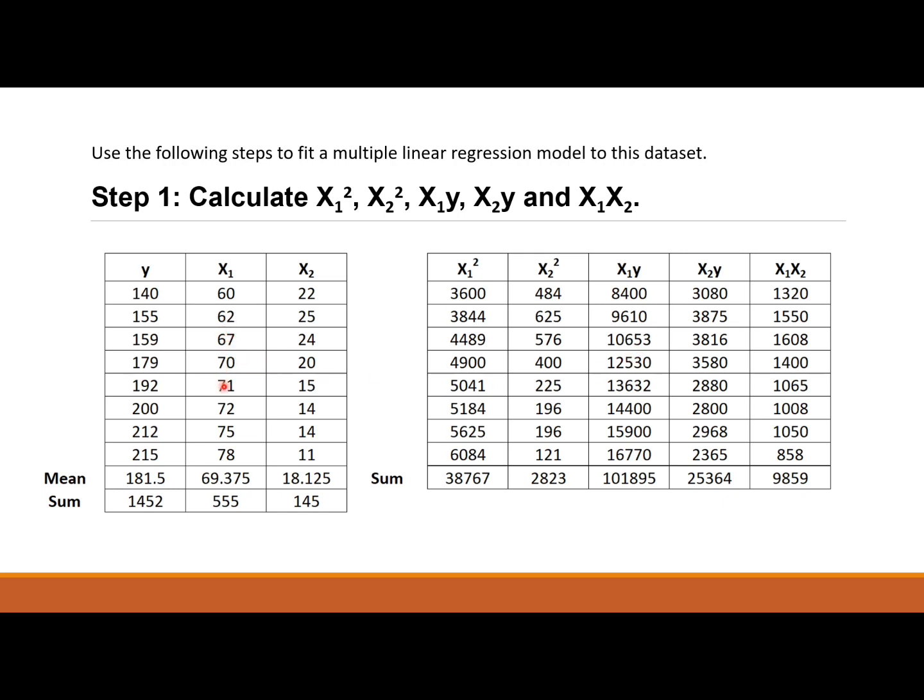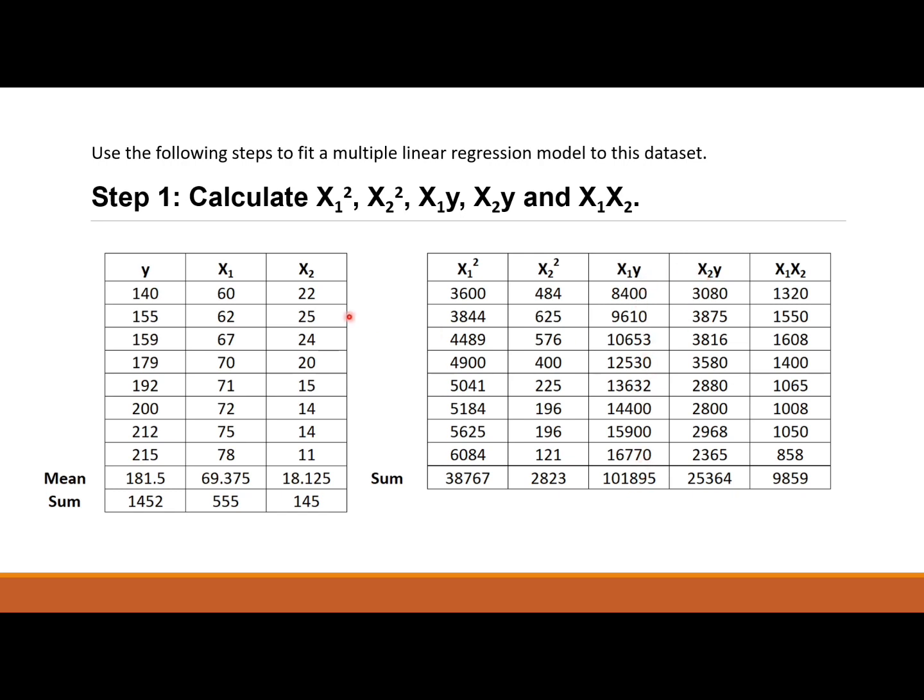And until such, we multiply all the values from x sub 1 to y. Then we add all these values and we get 101,895. So this is our total for all of these x sub 1 y values.